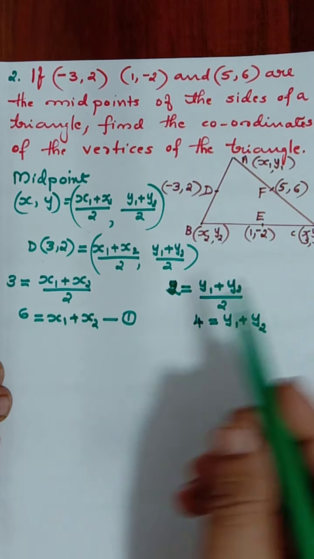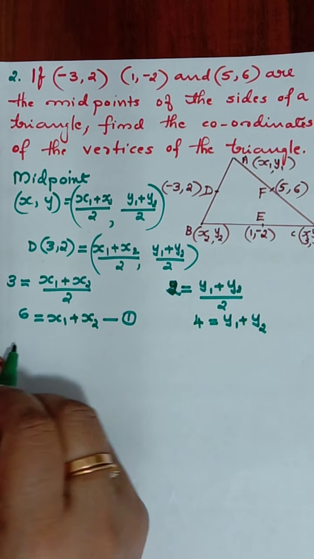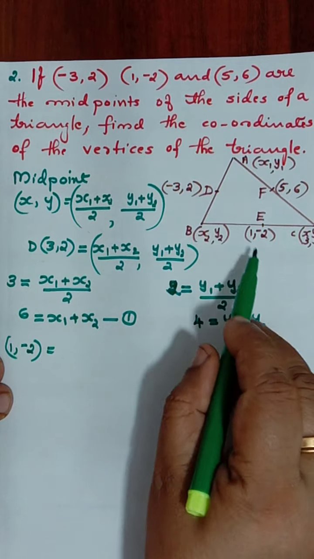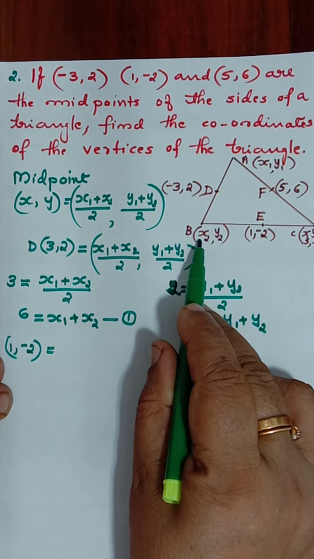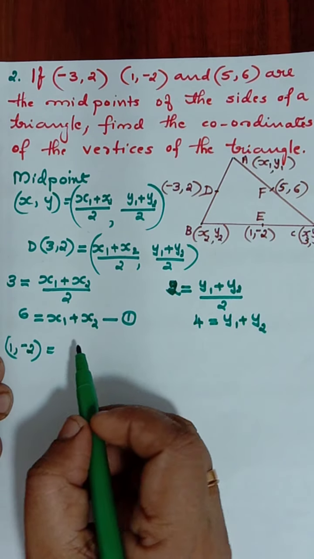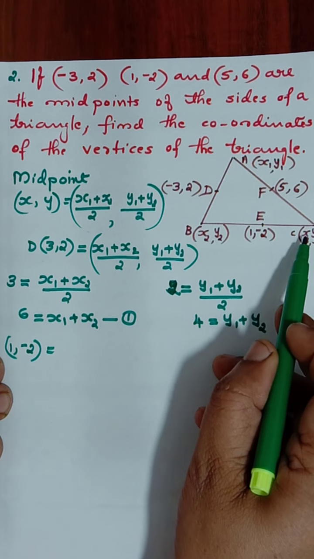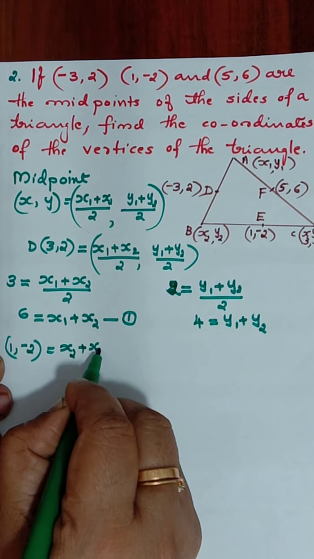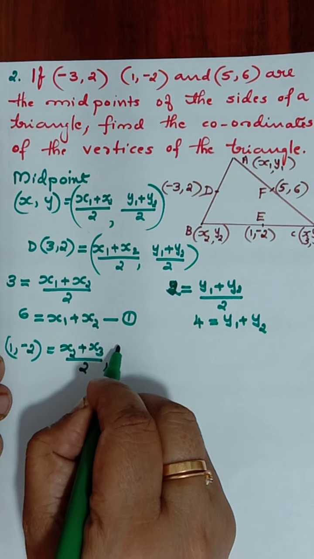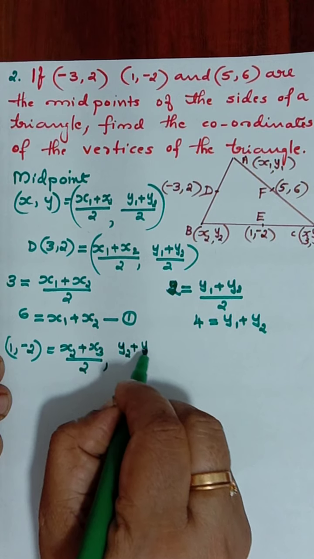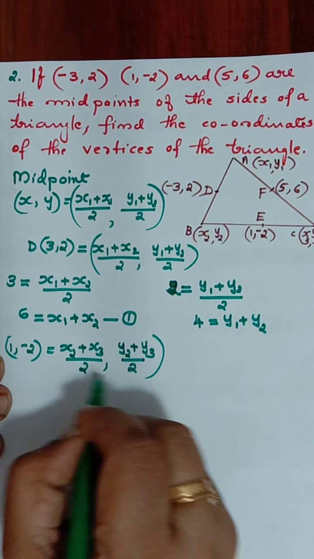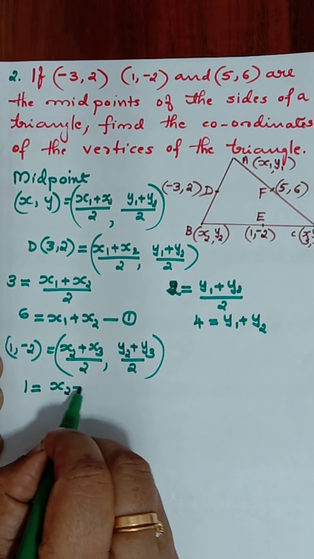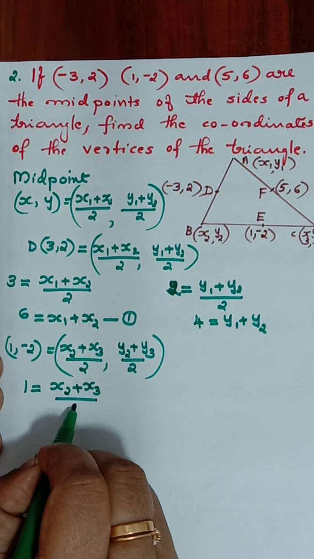Now BC's midpoint is (1, -2). That is (x2 plus x3) by 2, comma (y2 plus y3) by 2, where the vertices are (x1, y1), (x2, y2) and (x3, y3). Comparing, we have 1 is equal to (x2 plus x3) by 2.